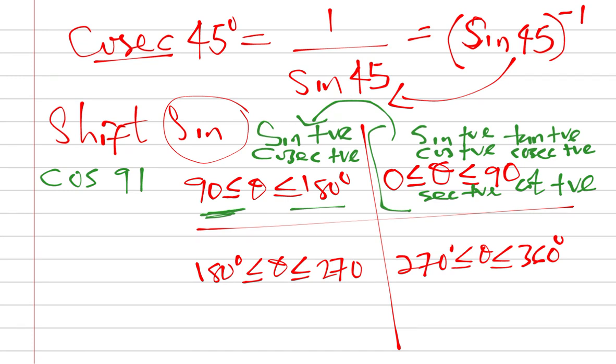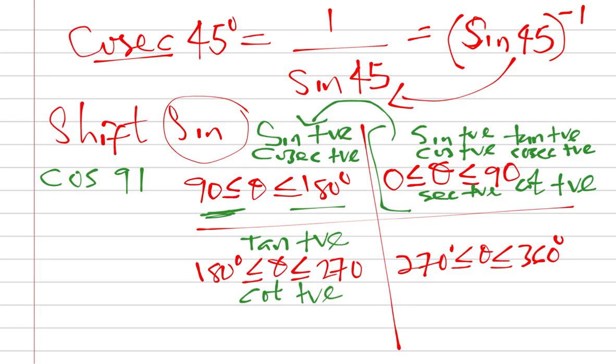Now, under this third quadrant, only tan is positive, and its inverse, cot. Every other thing is negative.